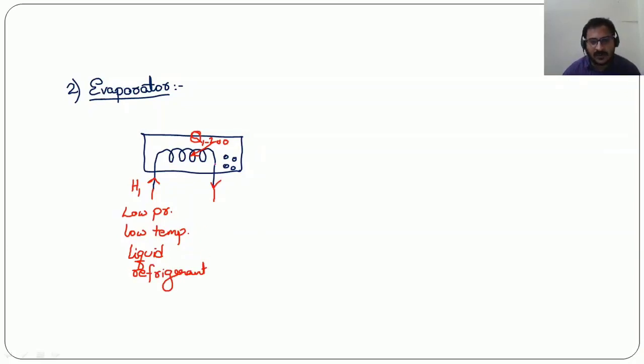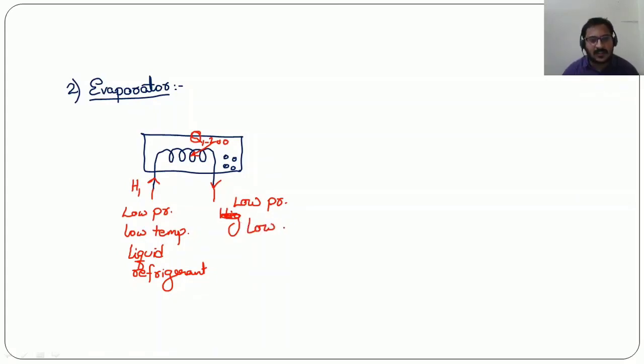gets evaporated and comes out, the pressure remaining constant in the evaporator, at low pressure and low temperature, which will be slightly more than the initial temperature of the fluid entering, or it may be same also. That all depends upon the condition at which the refrigerant is coming out from the evaporator, whether it is coming in saturated state or superheated state. That we will be discussing later.